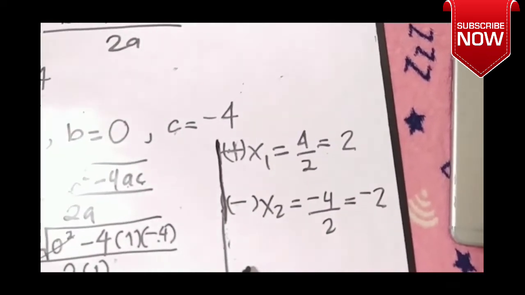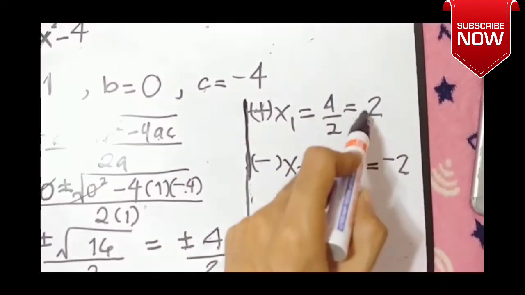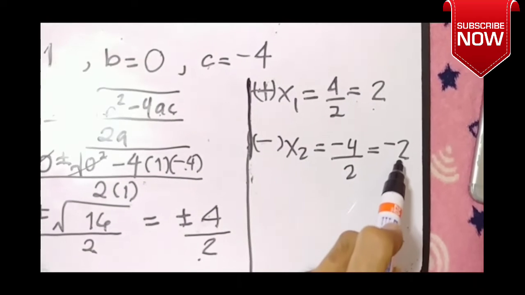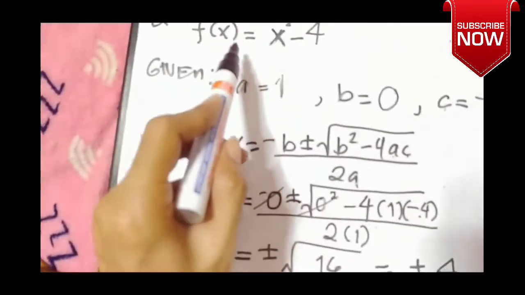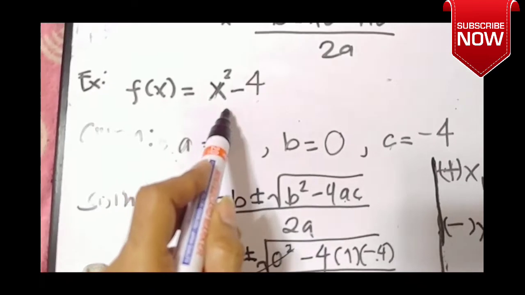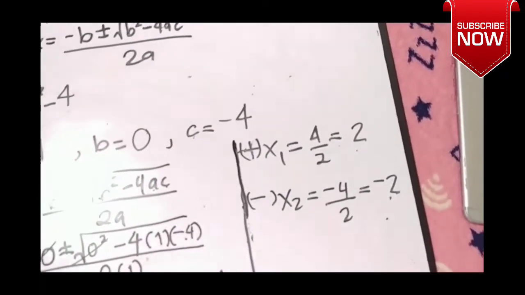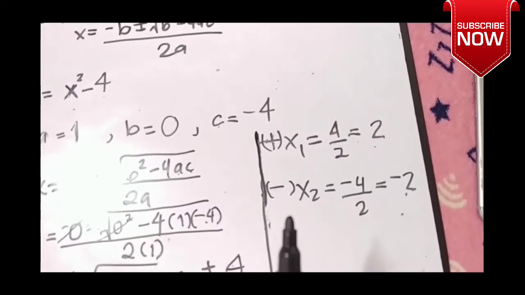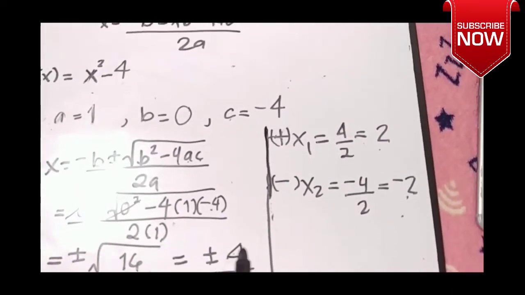So, therefore, the values of x are 2 and negative 2. These are also the roots of the quadratic equation x squared minus 4. So, kung mapapansin natin, ito rin yung values na nasolve natin or nakuha natin gamit yung extracting the square root and factoring.